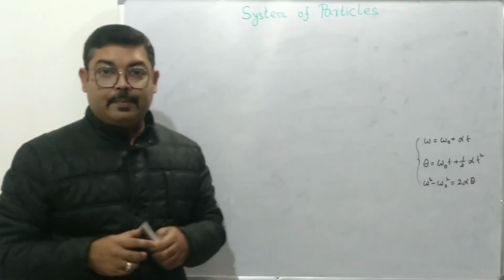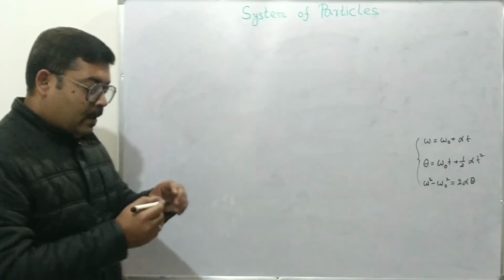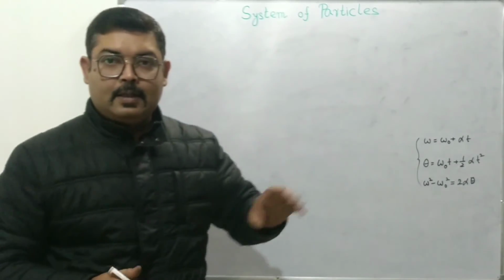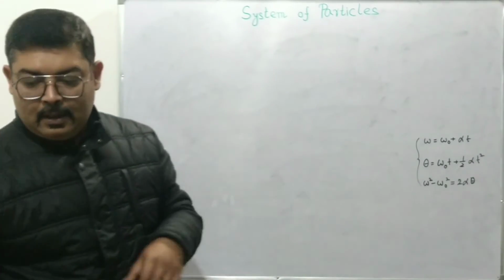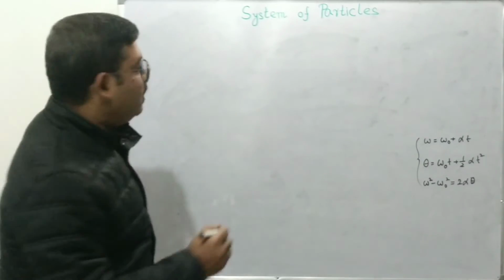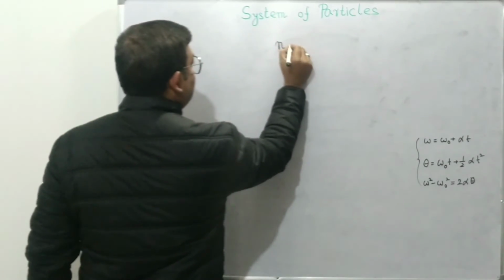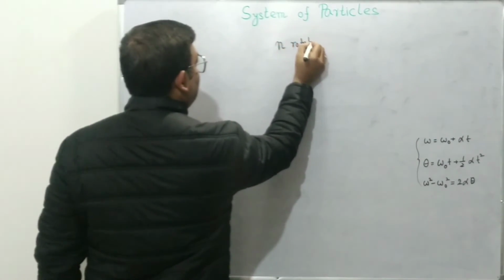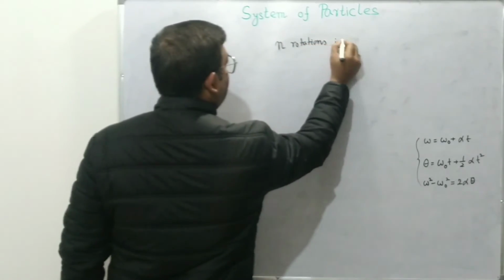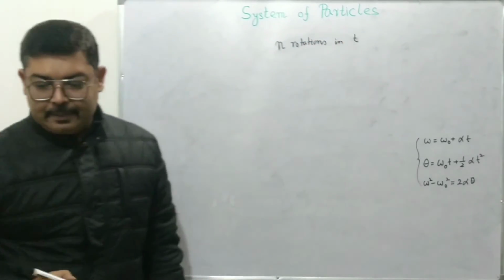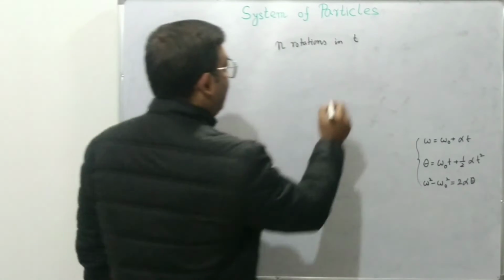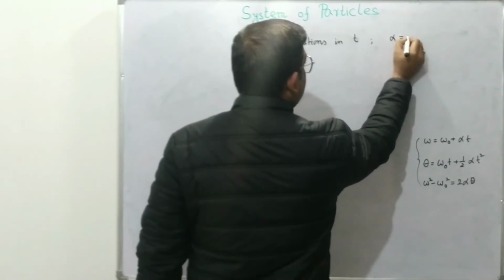A simple problem here. Let us say a rigid body starts from rest and makes n rotations in t seconds. Then what is alpha?